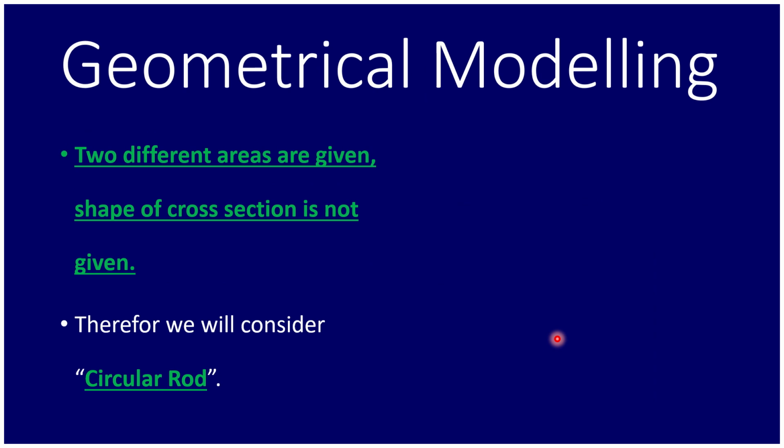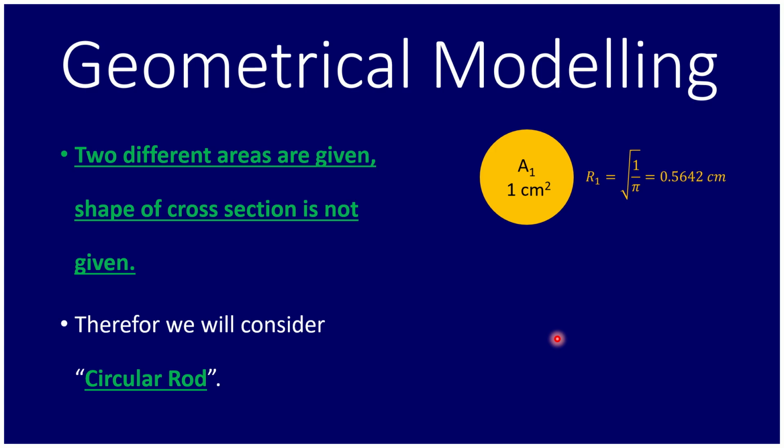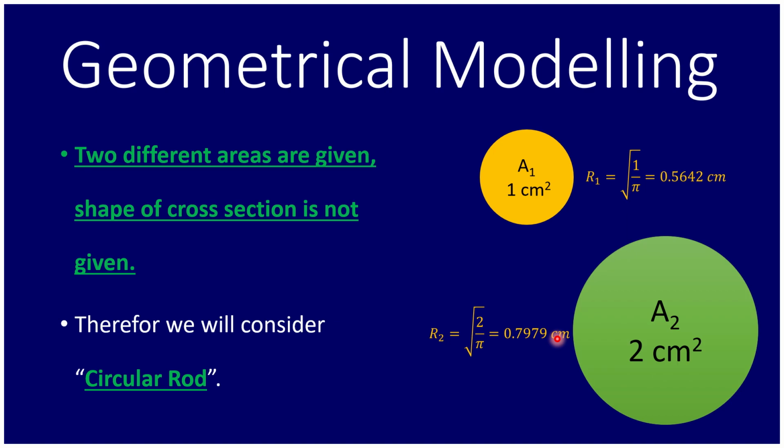Okay, now let's go to the geometrical modeling. We have two different areas, like area 1, that is 1 centimeter square. The corresponding radius will be root of 1 by pi, that is equal to 0.5642 centimeters, and we have area 2, that is 2 centimeters square, and the corresponding radius R2 will become 0.7979 centimeter.